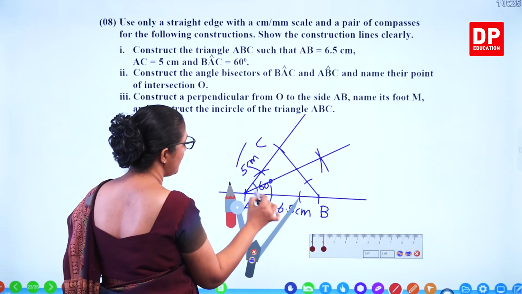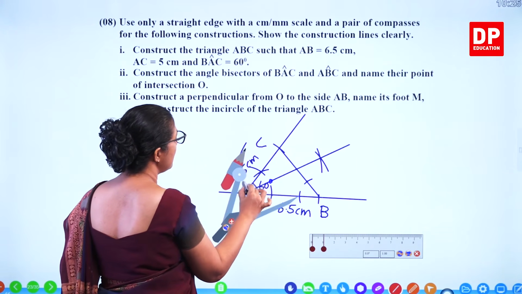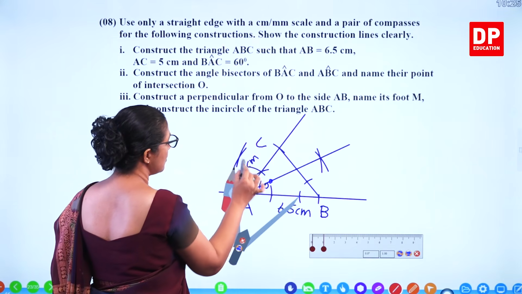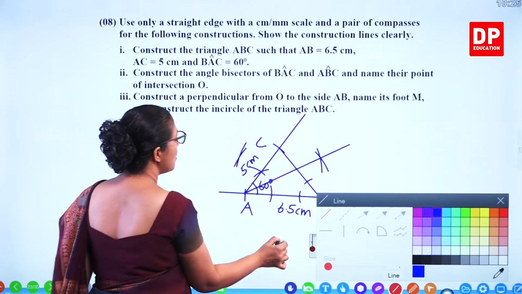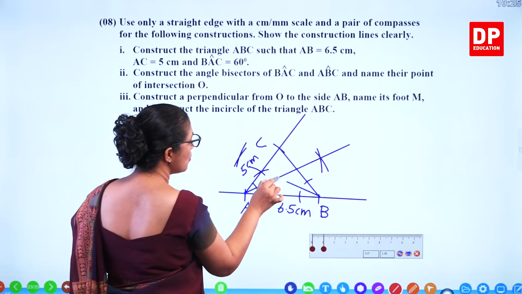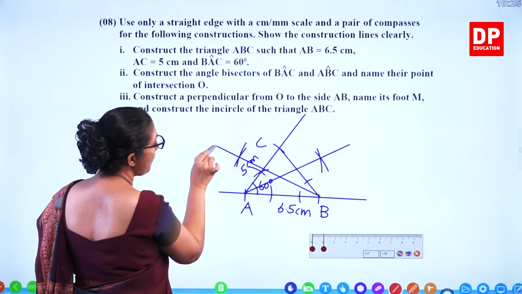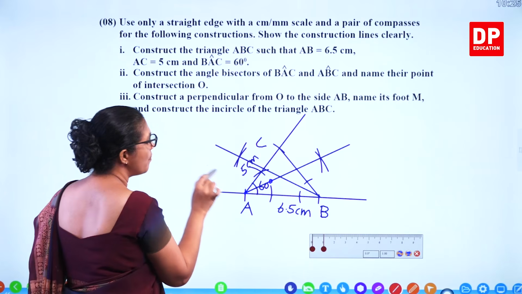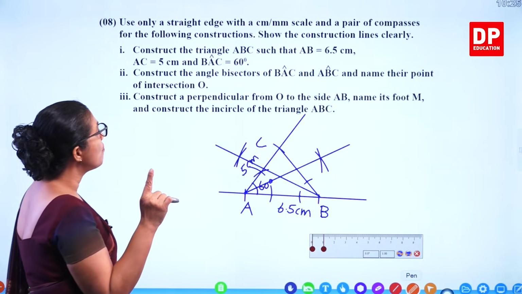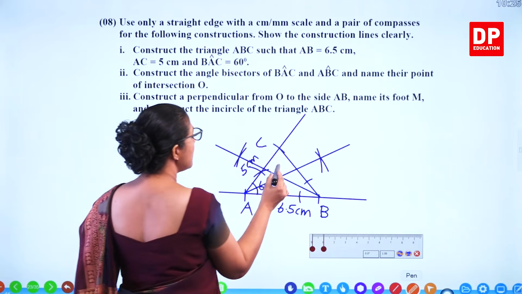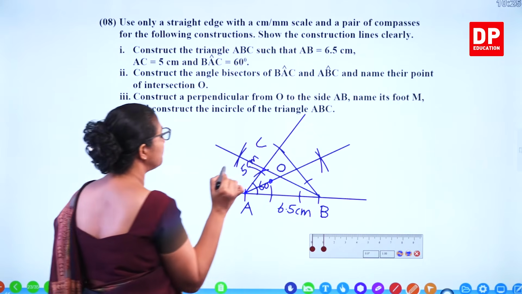Keep here and mark the other arc. So the intersecting point you can connect with the ruler, here to here. Now two bisectors are there. The intersecting point of both bisectors is the O point. So this is O.